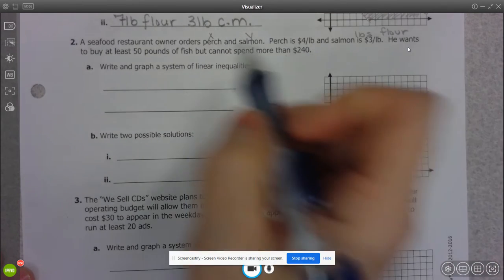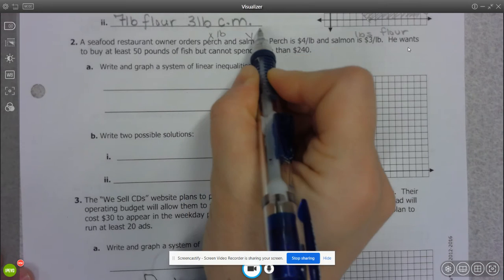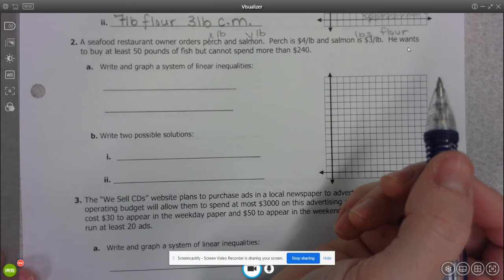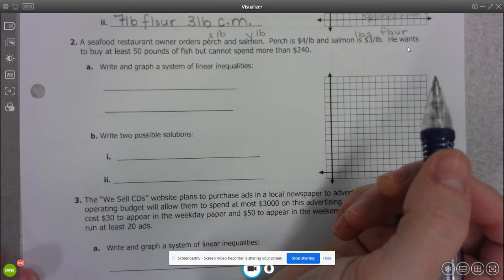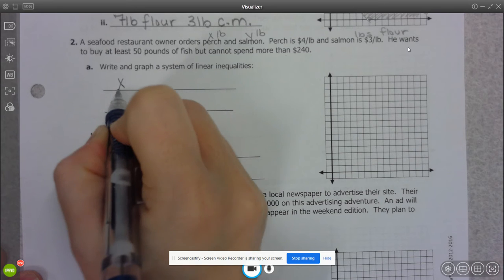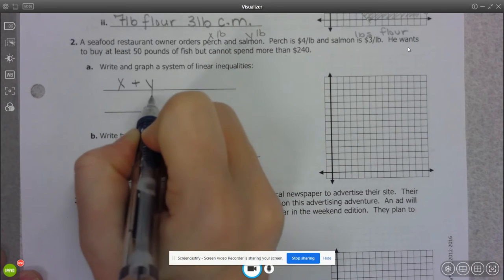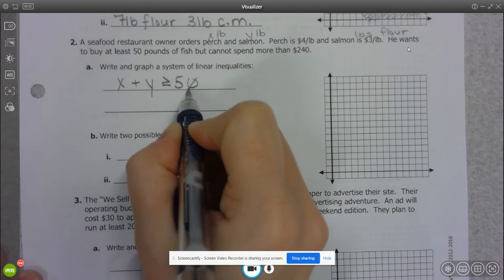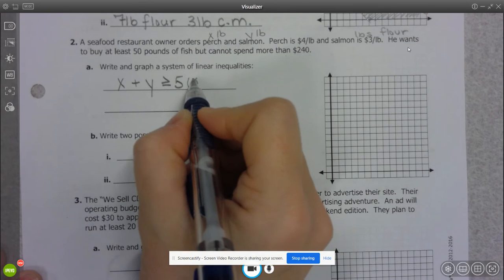And again, I'm dealing with pounds. So I'm going to do a pound equation and a dollar equation. So I know that the pounds of perch plus the pounds of salmon need to be at least 50 pounds, which means 50 is my minimum.